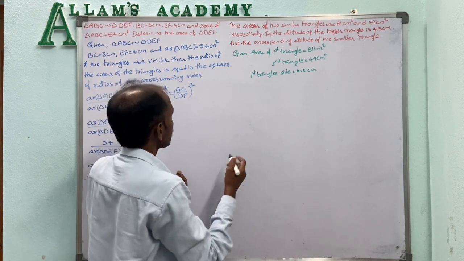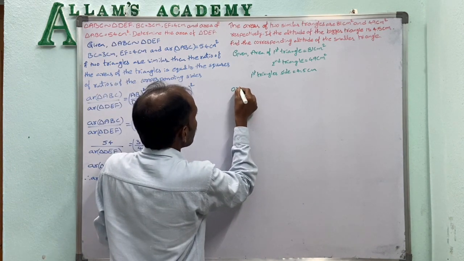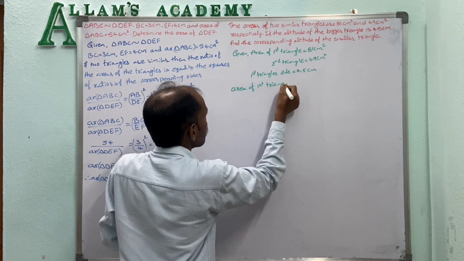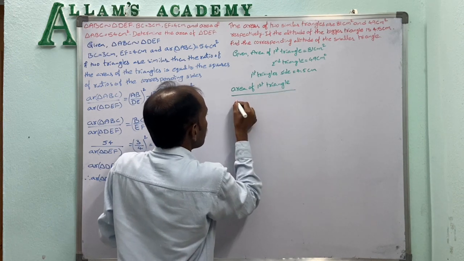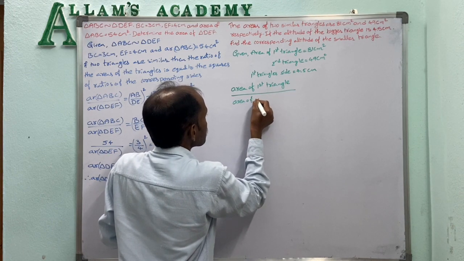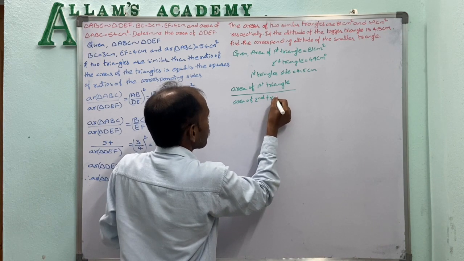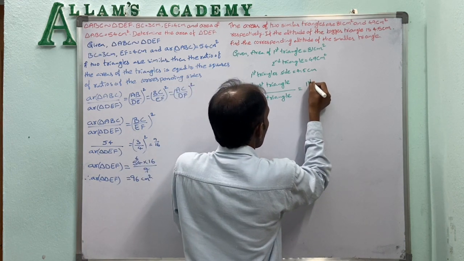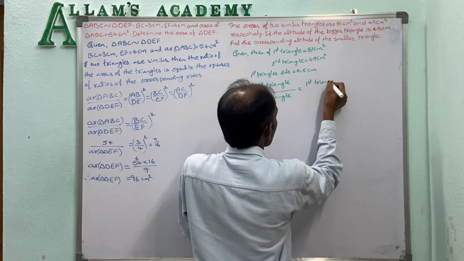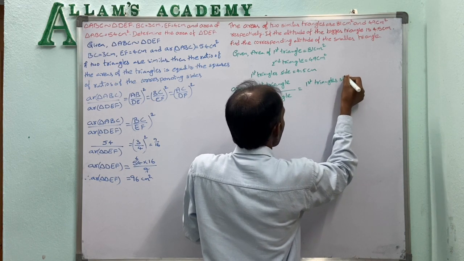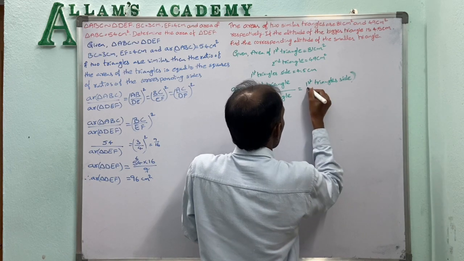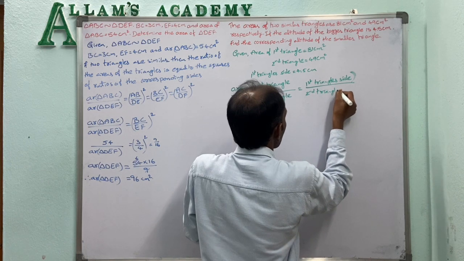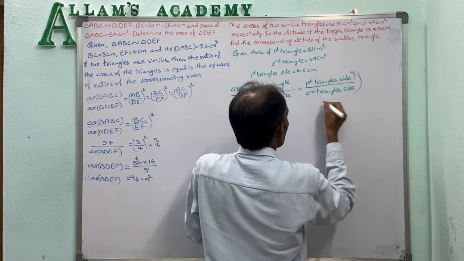So area of first triangle by area of second triangle ratio is nothing but first triangle's side by second triangle's side whole square.